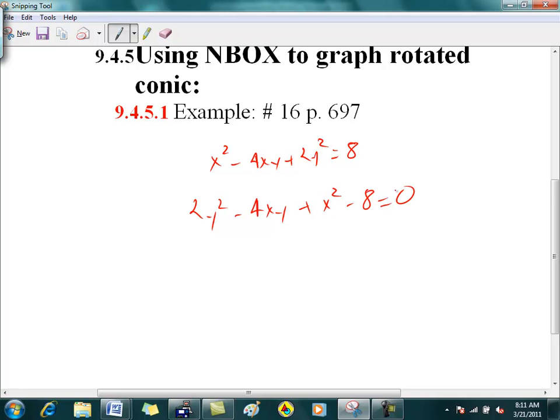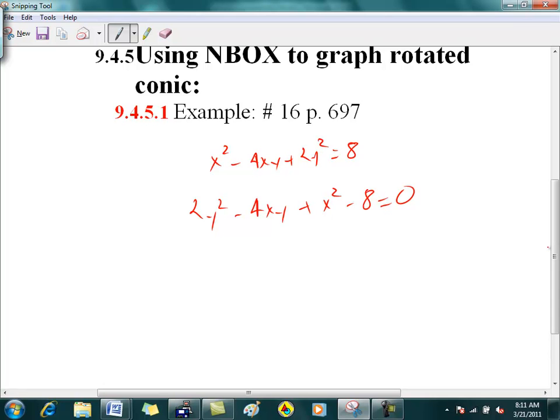Hint, hint. What do you mean square? No, x sine plus y cosine. No, you don't want to do that. We're not going to use those two equations. Those are nasty. But remember what they are saying: you want to solve for y.